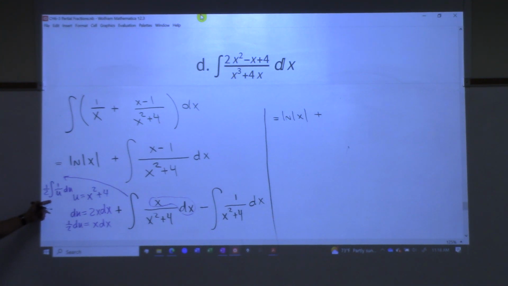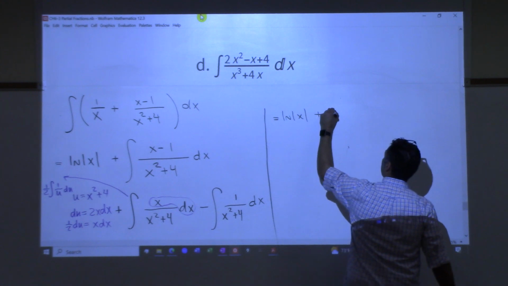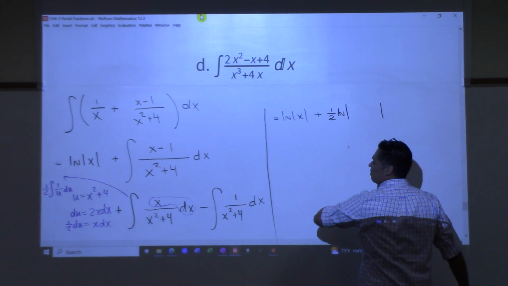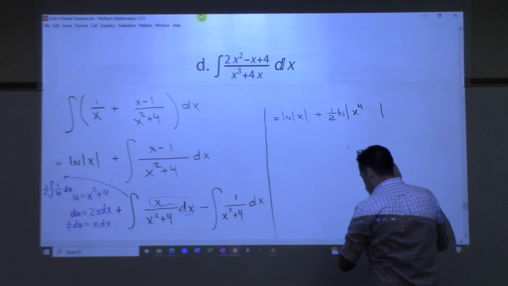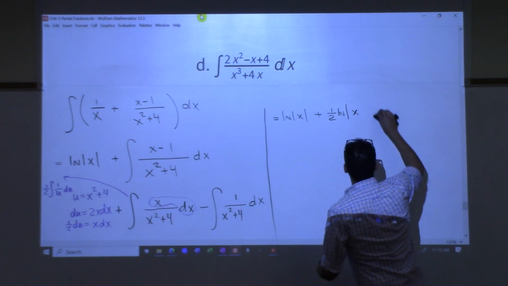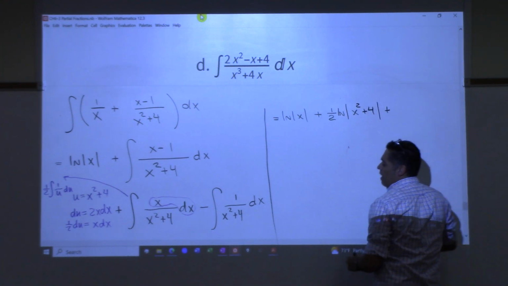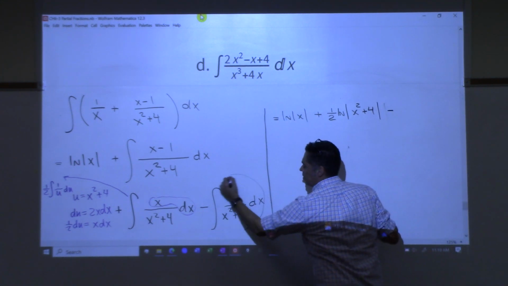But with a 1/2. So the antiderivative would be the 1/2, and then it was natural log. What was the u for us? x squared plus 4. Absolute value, well, that's not needed for x squared plus 4. And then minus, sorry, now I need to do this.